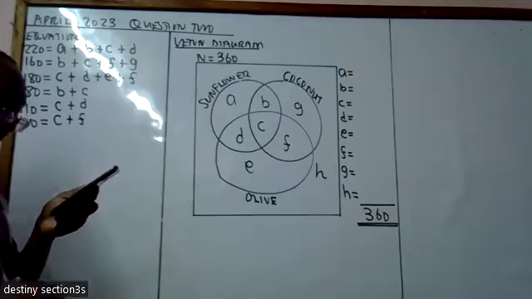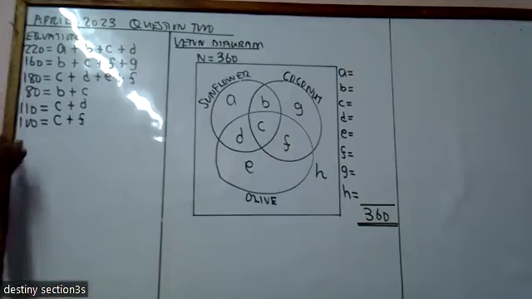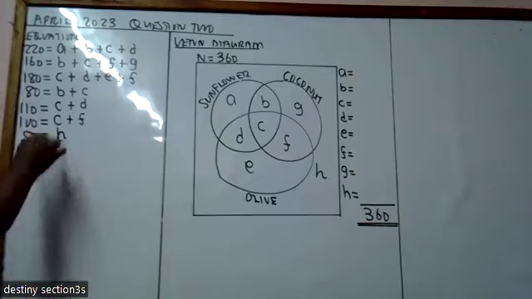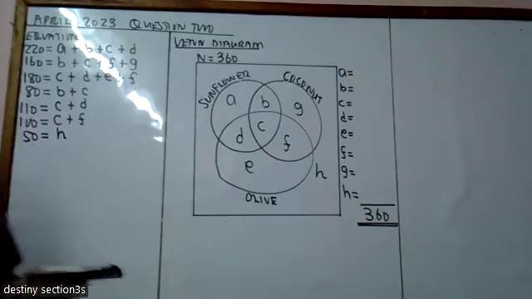50 preferred none. So those who preferred none, it is H. They are outside.